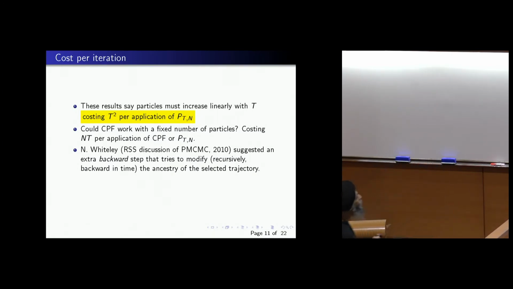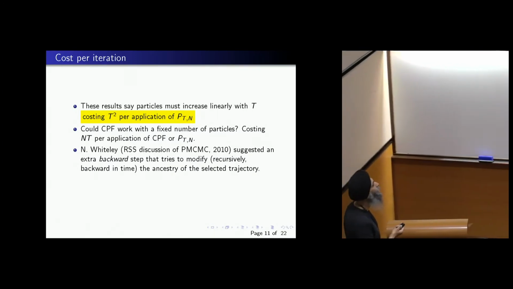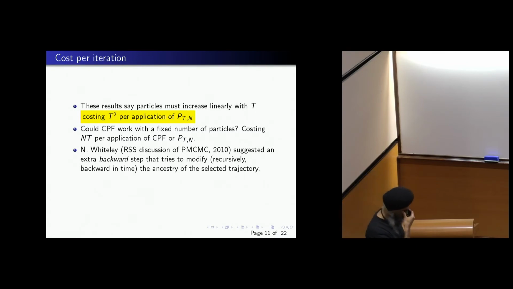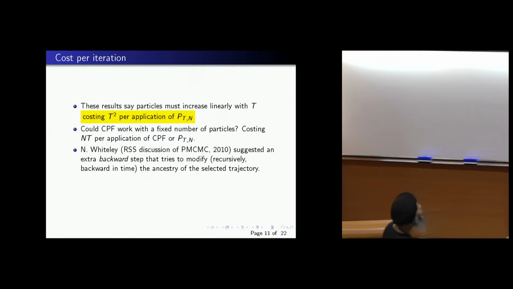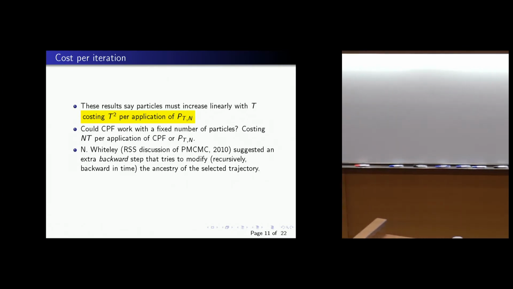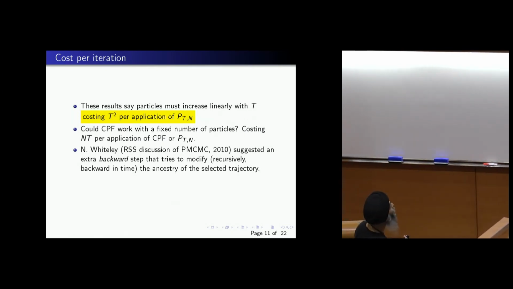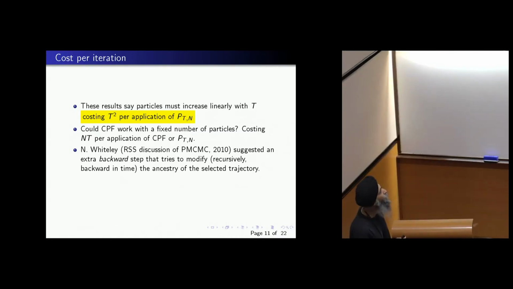This was published, I think, in 2004 with Arnaud, Simon Godsill, and Mike West. Nick said, why not use backward sampling within the conditional particle filter? Indeed, algorithmically it makes a massive difference, and it does seem to work with a fixed number of particles, irrespective of the length of the time series you are trying to simulate.